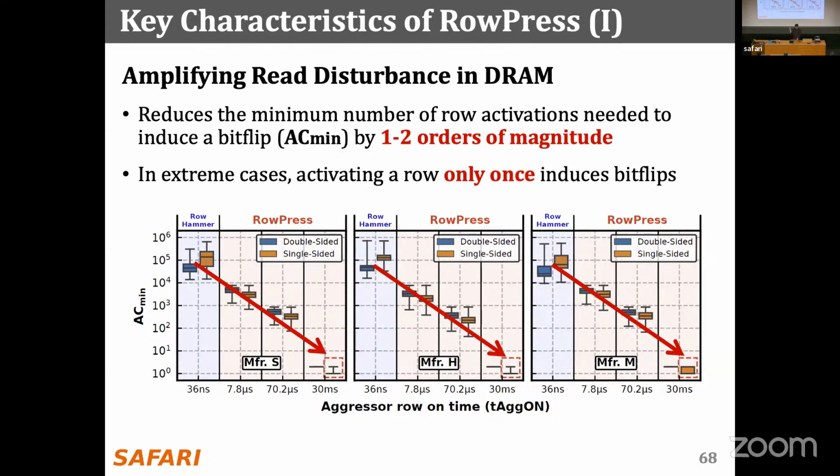So the JEDEC standard actually allows you to postpone some refreshes, which gives you a much longer time that you can theoretically keep the DRAM row open. And as we discussed, in extreme cases, if we keep the row open at 30 milliseconds, then only one row activation, as this dashed box shows, is enough to cause bitflips.